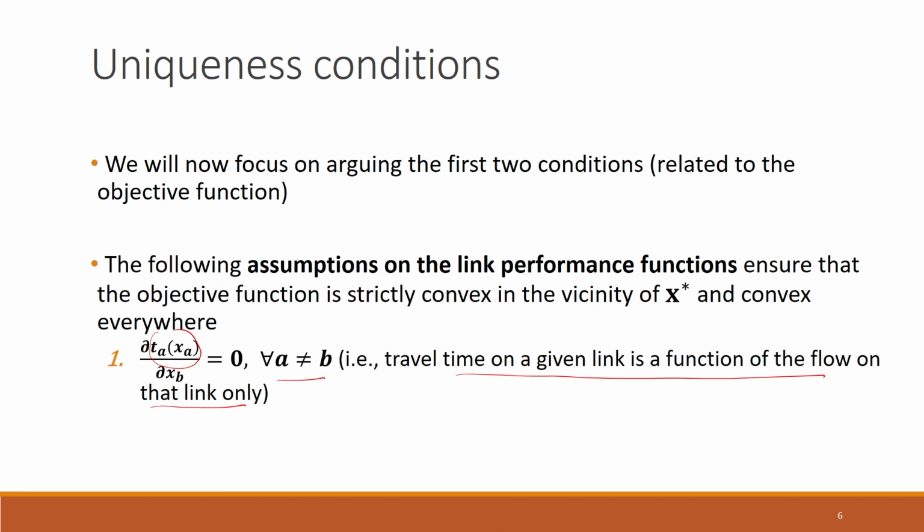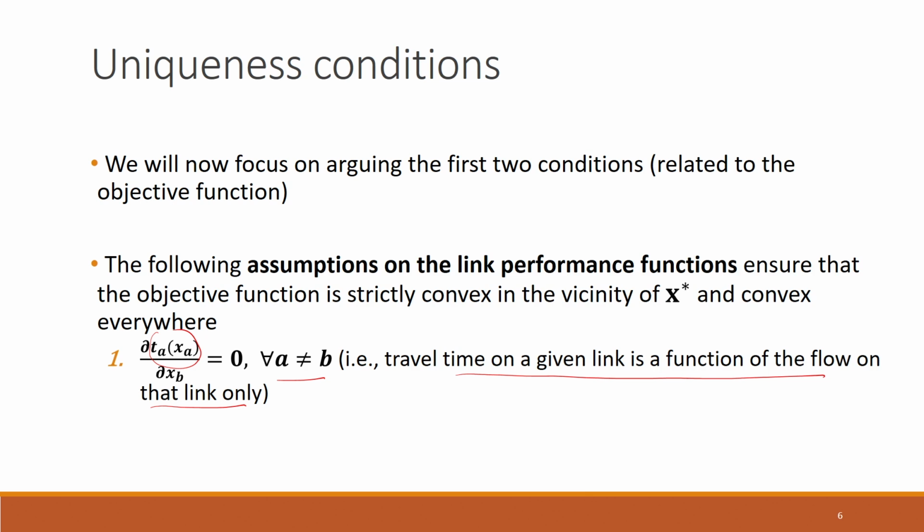So, suppose in the 2 directions there is no divider in between these 2 directions, and in that case sometimes the vehicles which are flowing in one direction can go into the space for the other direction while they are overtaking and so on. So, in those situations it can happen that the flow on one direction can influence the travel time on the other direction. So, we can consider that these 2 directions are kind of 2 links because they have different directions, and in those situations this assumption will not hold.